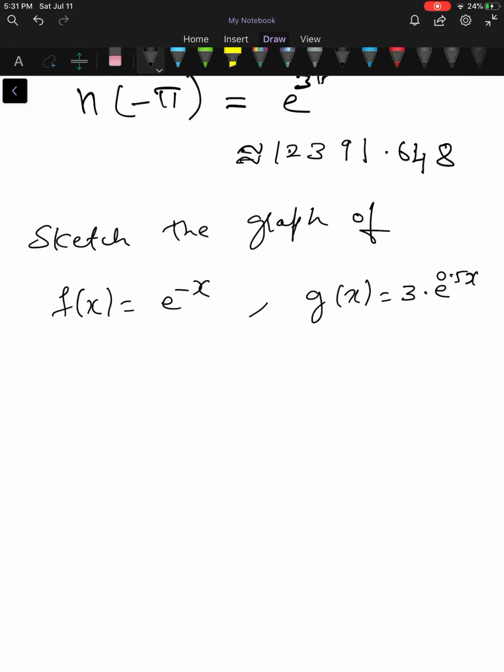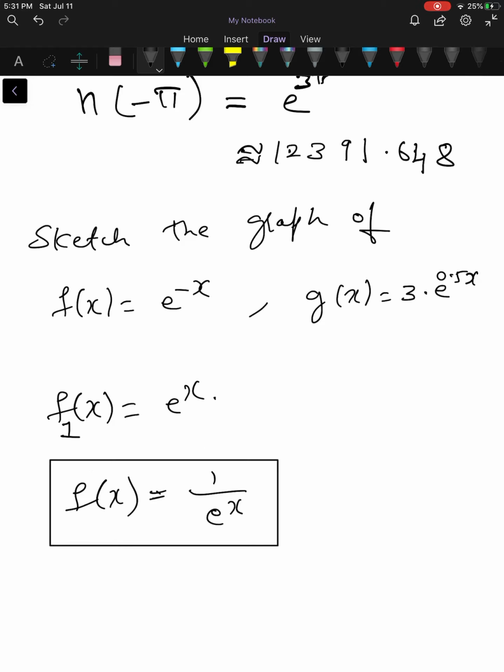So if you have to sketch this graph, e to the power of negative x would be 1 over e power x, right? So that is nothing but the reflection of y is equal to e power x. If I take f1 of x to be equal to e power x, f of x is nothing but 1 over e power x, correct?